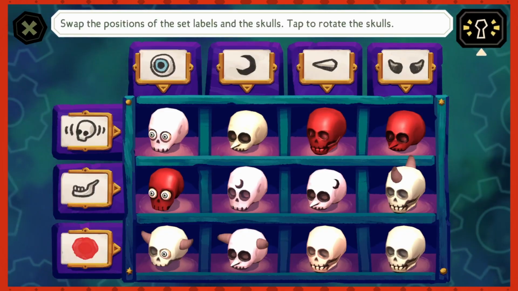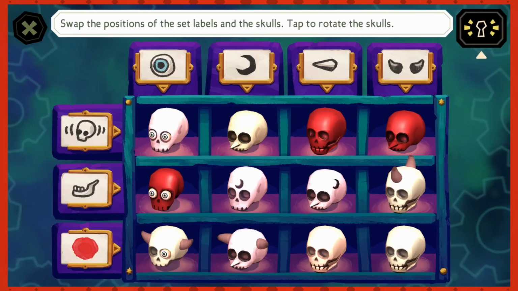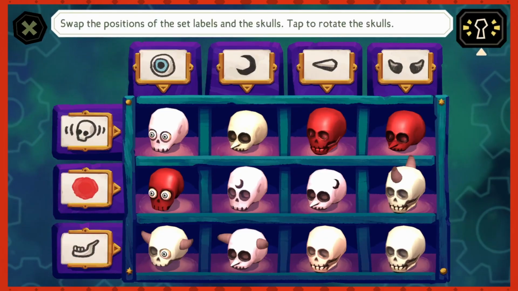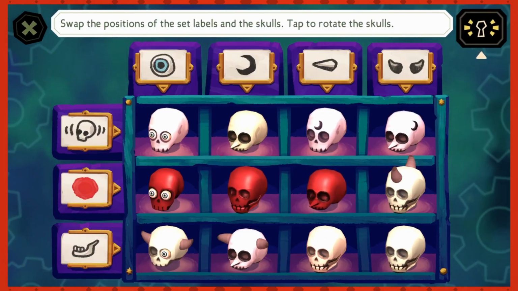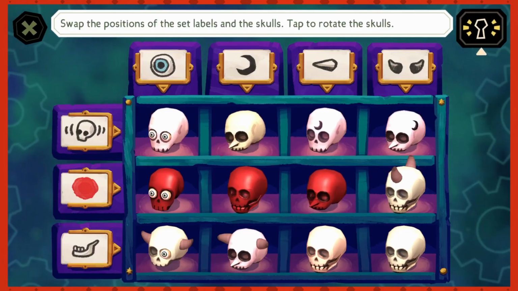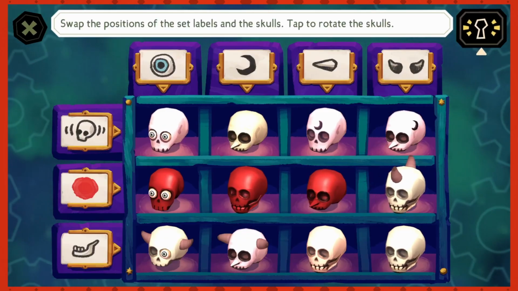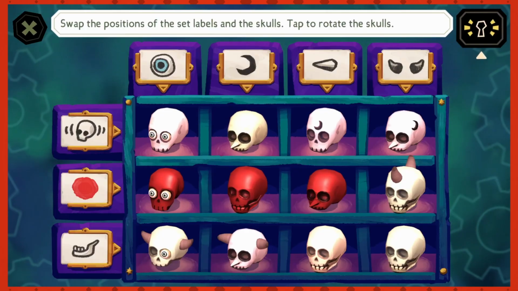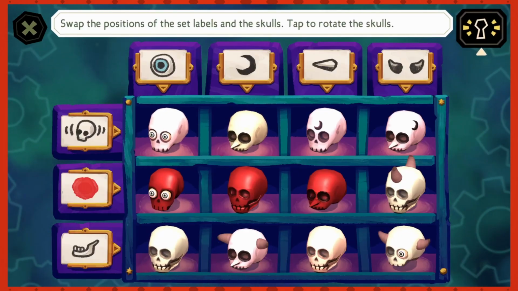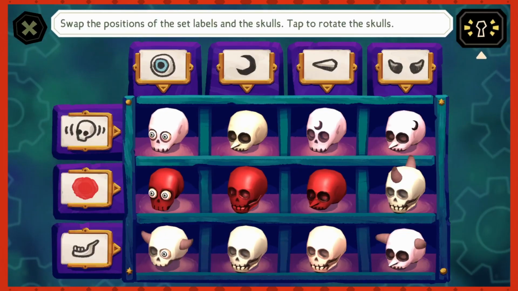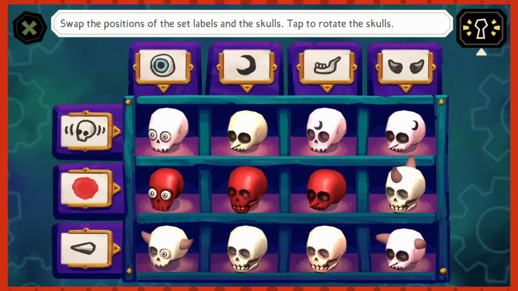Skulls with eyes in one row. We could put red ones. But oh, only a few skulls have jaws. So in other words, that can't be it.